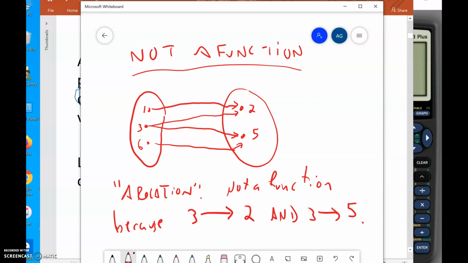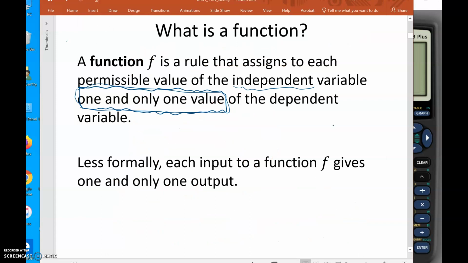So we have an input that doesn't have a unique output. So we have an input with 2 outputs. That can't happen with a function. Okay, so that's the problem. All right, so hopefully that makes a bit clear where this definition is coming from when it says each input to a function gives one and only one output.